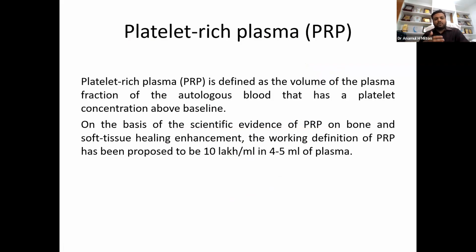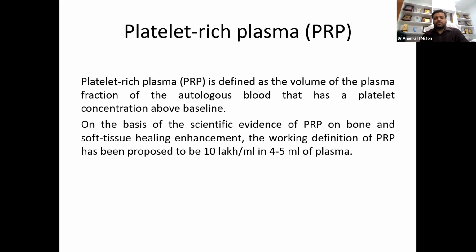It is individual, because the normal range of platelets is 1.5 to 4 lakhs. Some patients may have only 1.5 lakhs, and above this it is called above the baseline.